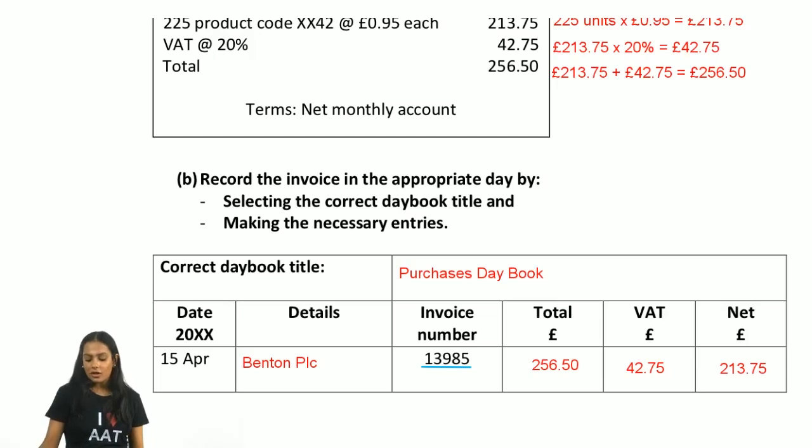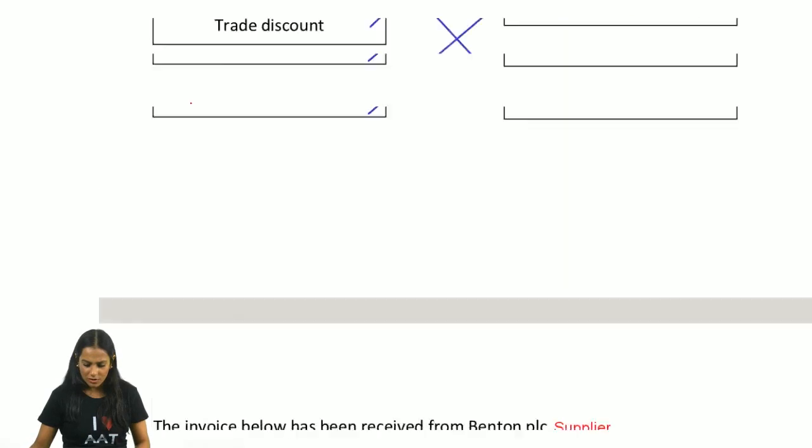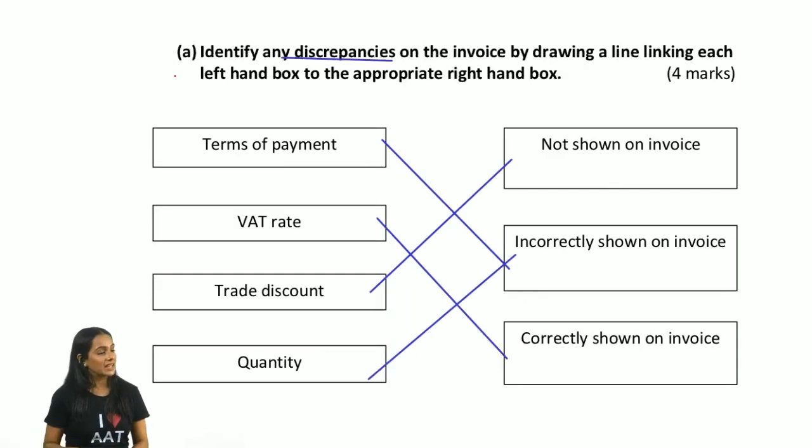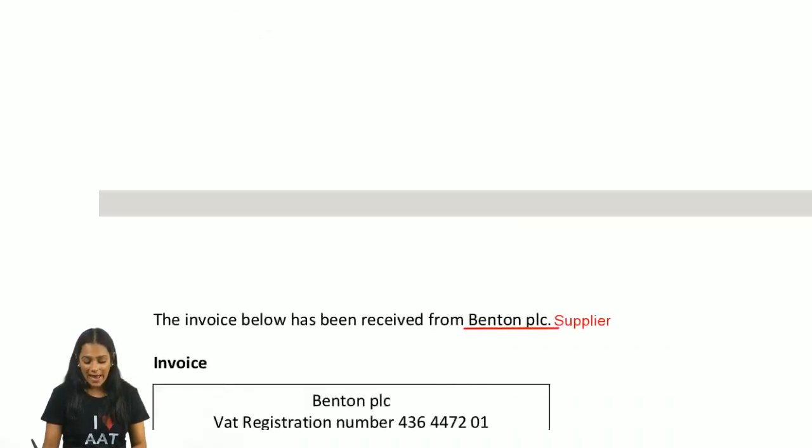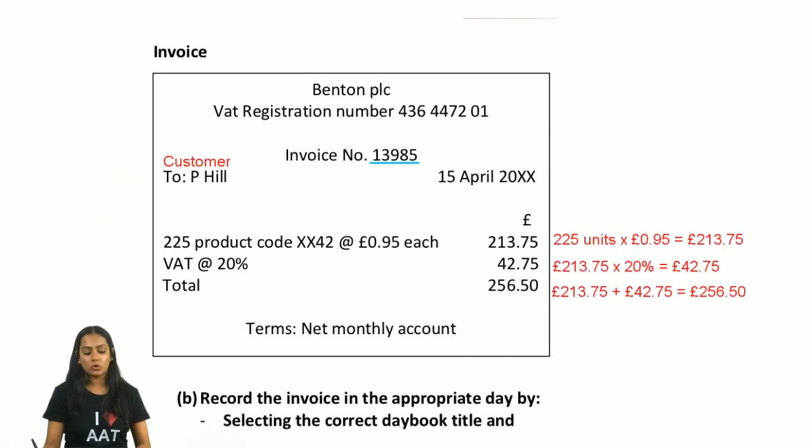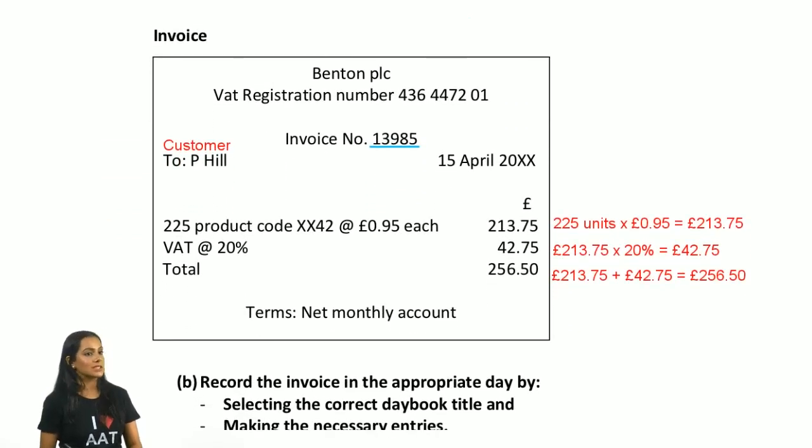So we have just correctly filled in this book of prime entry. Questions here are regarding the linking of the discrepancies found on the invoice. The examiner can give you any financial document, and you need to be confident and learn how to build them, or identify any issues with the documents.